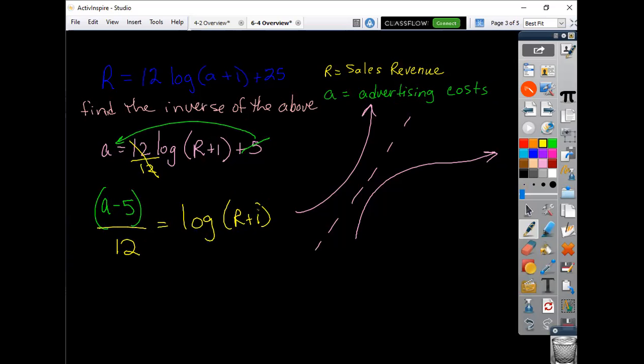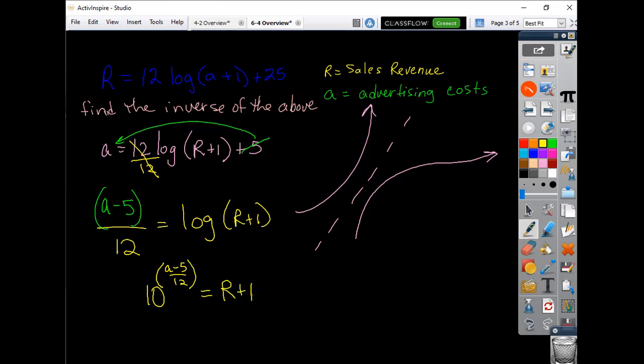Remember, once your variable is in the log and that's all you have left, now you change this to an exponent problem. So my exponent problem, base 10, nothing written, you use base 10. This whole thing over here is my exponent. Gross, yes, but that's just how it works. Equals the expression I'm taking the log of.